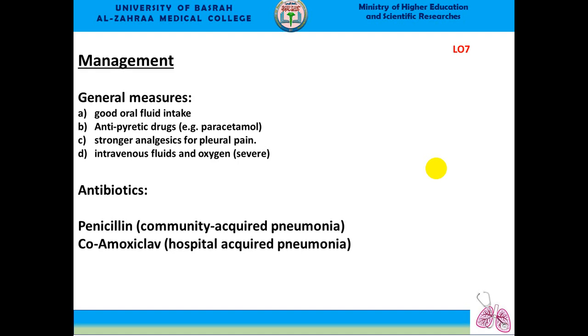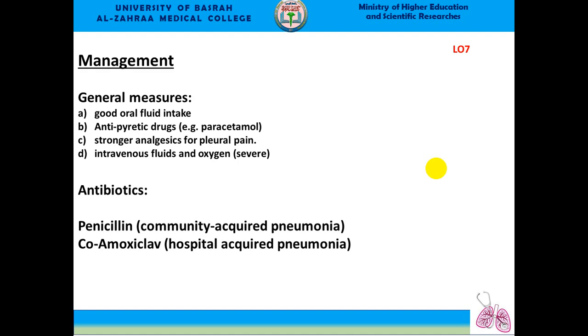Example of it is ibuprofen or Voltaren, diclofenac. Then it's very important in severe cases to give intravenous fluid and oxygen, because the patient usually is unable to drink fluid. So we give fluid by intravenous route, and we give oxygen because the patient will have hypoxia. These are the general measures.